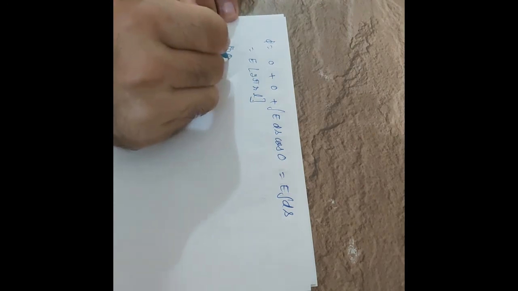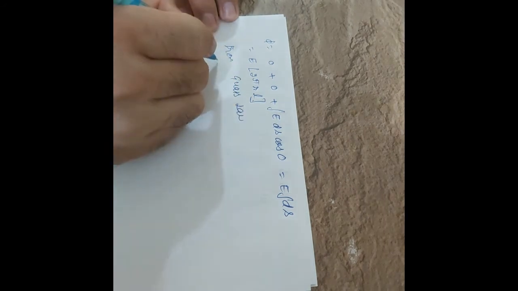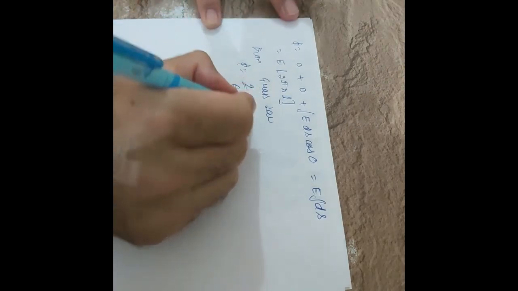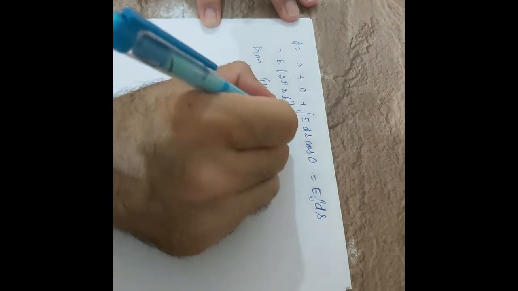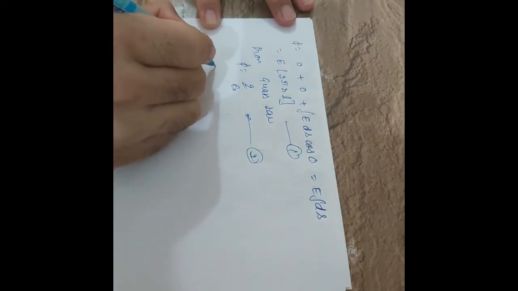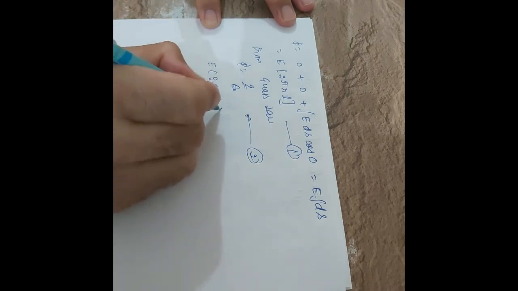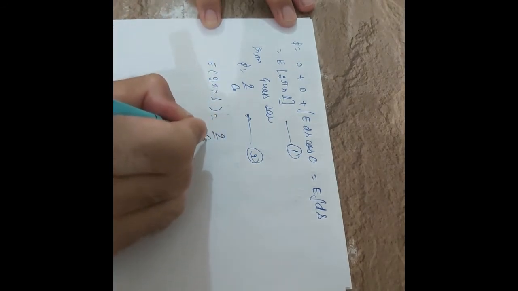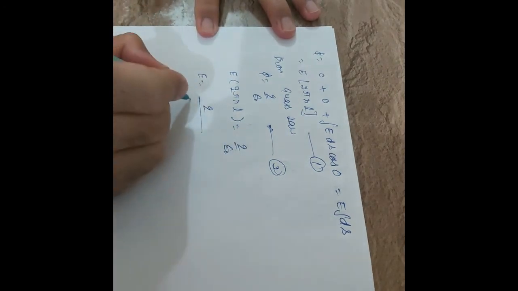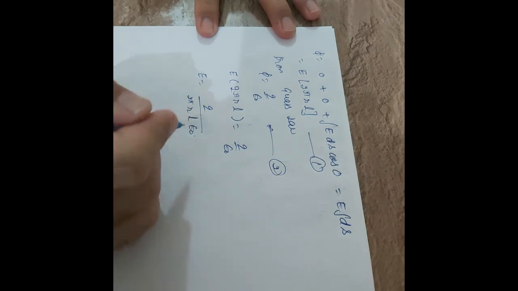From Gauss law, phi equals q upon epsilon naught. So what does it mean? This is 1, this is 2. So E multiplied by 2 pi r L equals q upon epsilon naught. So E equals q by 2 pi r L epsilon naught.